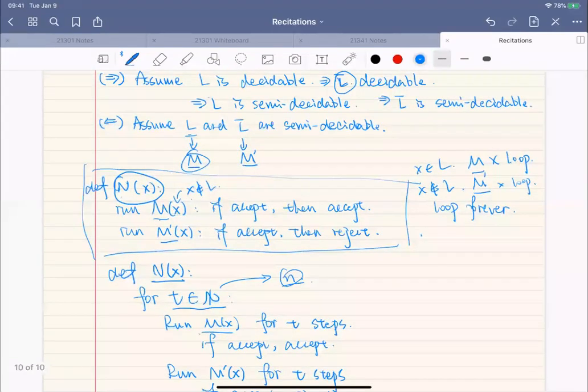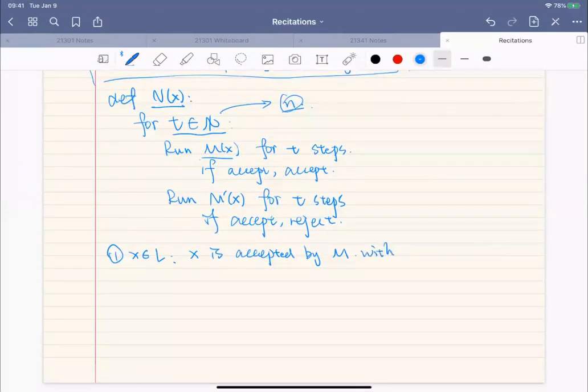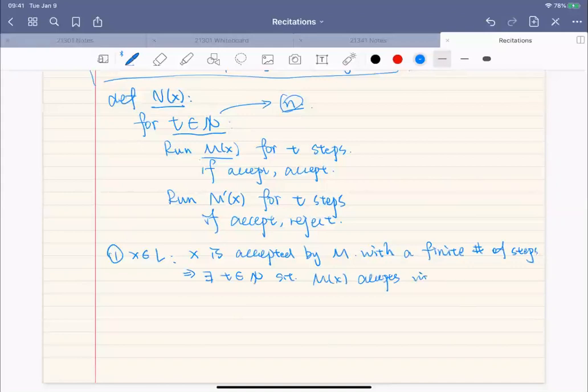In order to prove correctness, we need to say that X is accepted by M within a finite number of steps. In other words, there exists some t in the natural numbers such that M on X accepts within t steps. According to the algorithm, if M accepts, we accept. So in this case we're good.